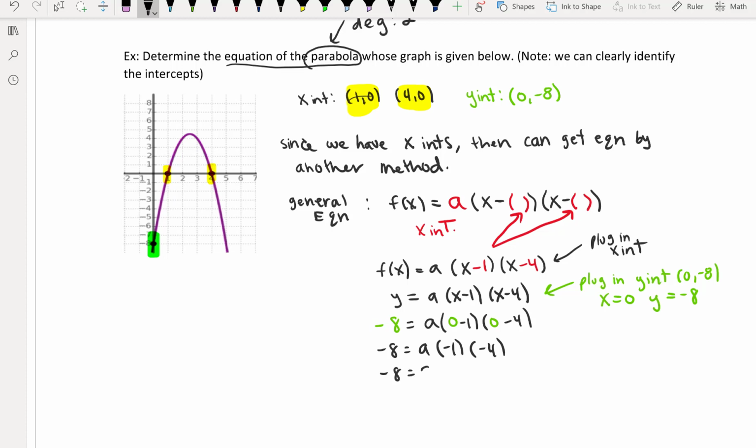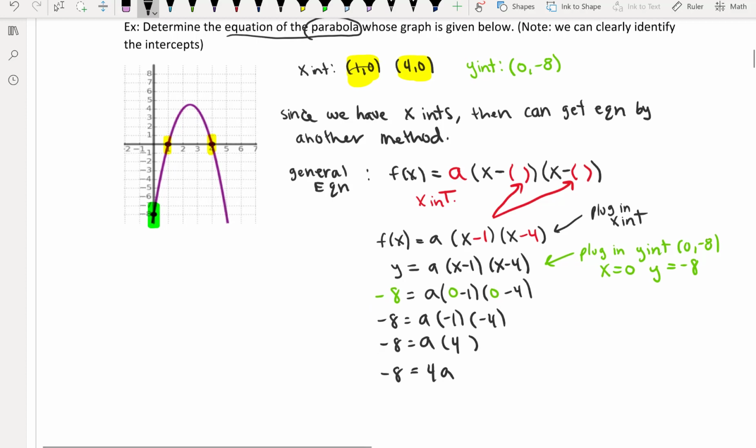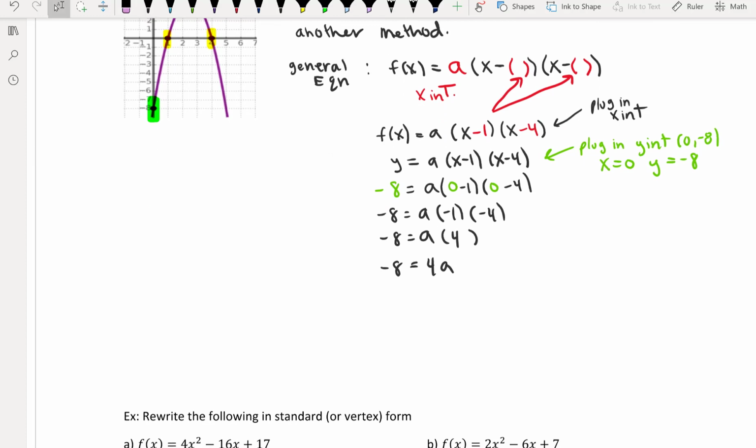A negative times a negative is a positive, so 1 times 4 is positive 4. I have 4a. To get a by itself, I divide by 4 on both sides, so negative 2 is equal to a.